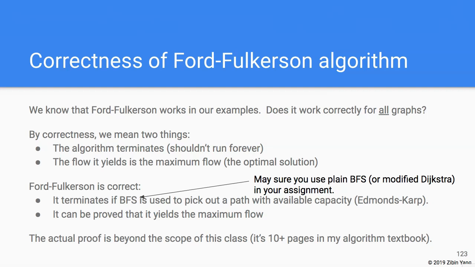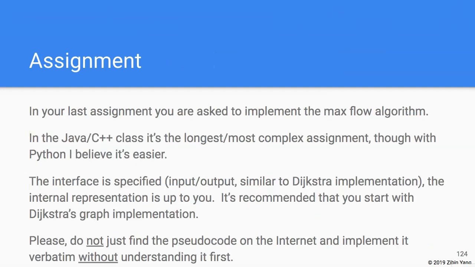What is required is that now that you have an understanding of how this algorithm works, you will be asked to implement it in your assignment. This is your last assignment, and it's both the Java and the C++ version of 3C. They also implement the same thing, but obviously in their own language.